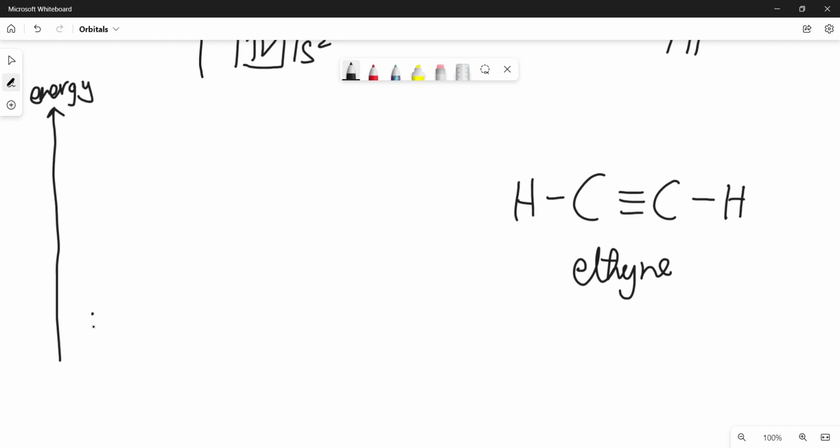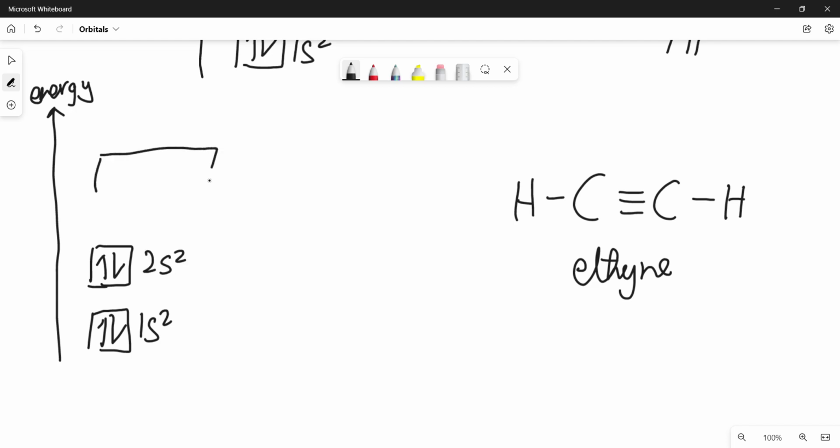So we have 1s2 as usual, we have 2s2 as usual again, and we have 2p2 again, of course, carbon. Okay, so we want three bonds now, a triple bond.